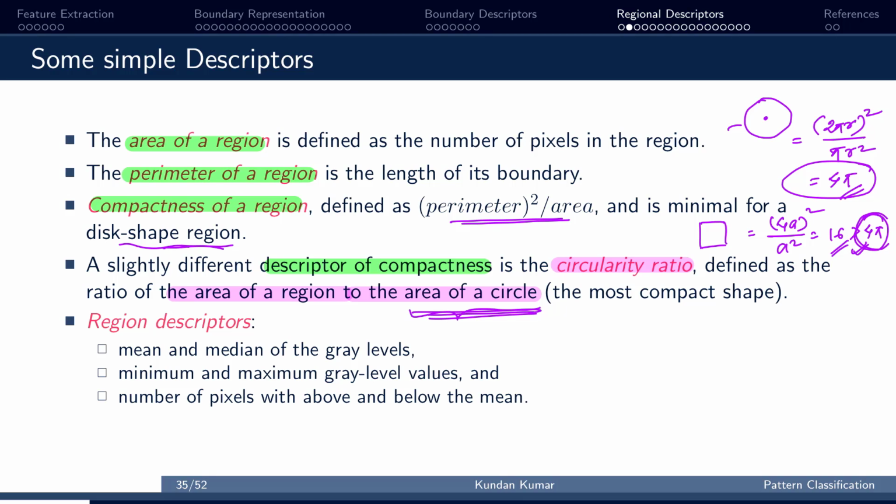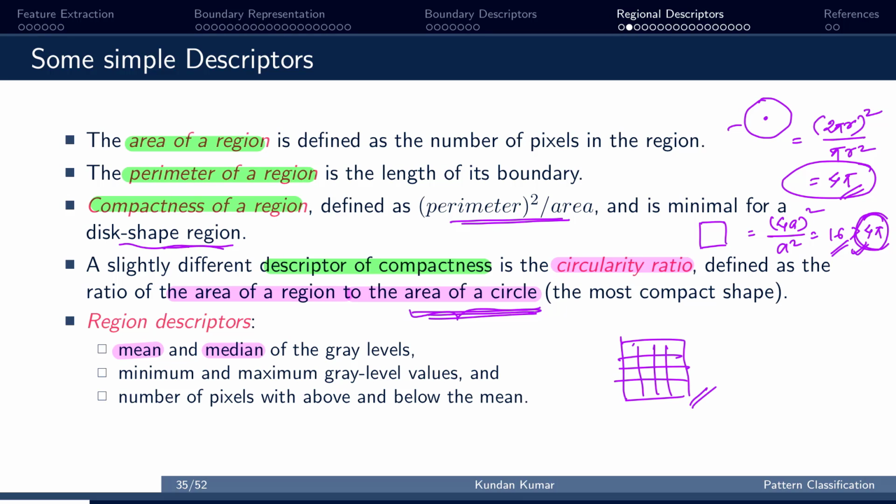We can define other descriptors such as mean and median. Whatever numbers we have, we can compute the mean and median, whether they belong to an image or a one-dimensional signal. If it is an image, then we have a number of pixels, and we compute the mean of all the pixel values.